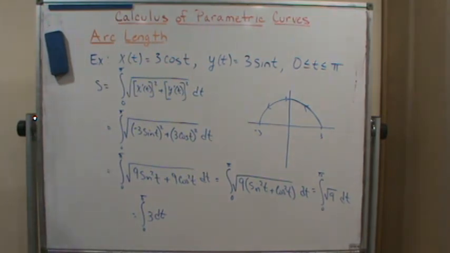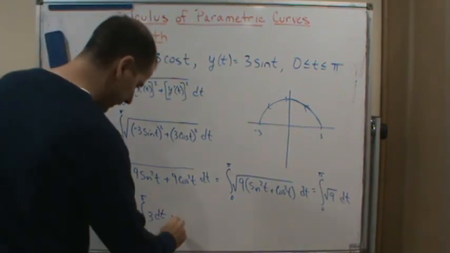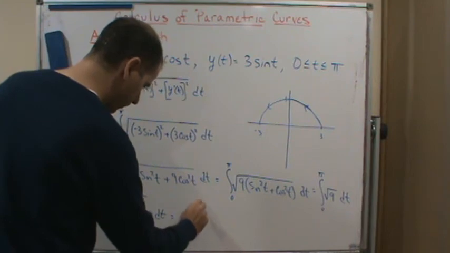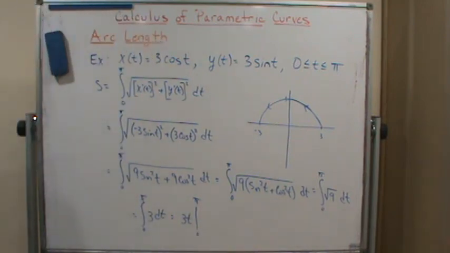Well, what does that give us? Well, that gives us 3t evaluated from 0 to pi, right?